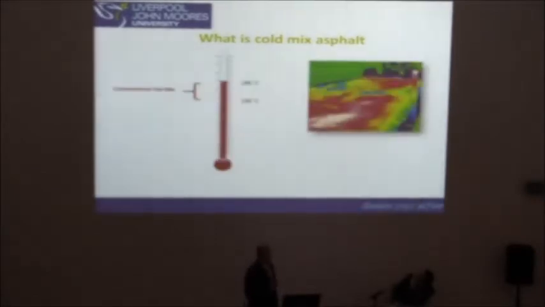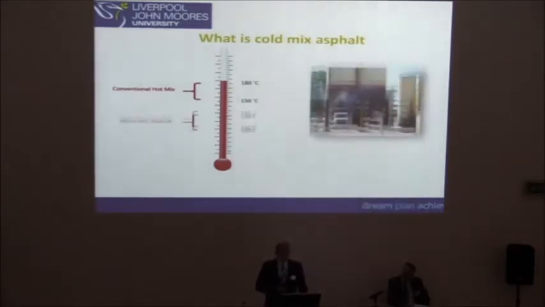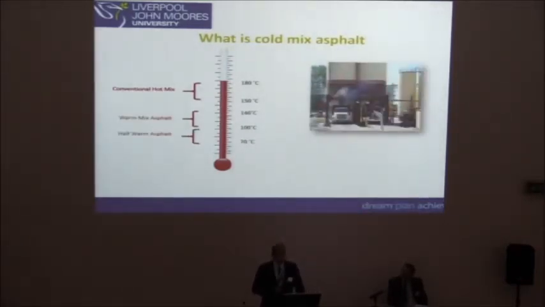What is called mixed asphalt? From this figure we can see the conventional hot mix is the mixing of heated aggregate with the bitumen at a temperature between 150 and 180. While for both warm mixed asphalt and half-warm mixed asphalt, we need to mix the aggregate and the bitumen at a temperature approximately between 100 and 140 for the warm, and for the half-warm from 70 to 100 degrees.